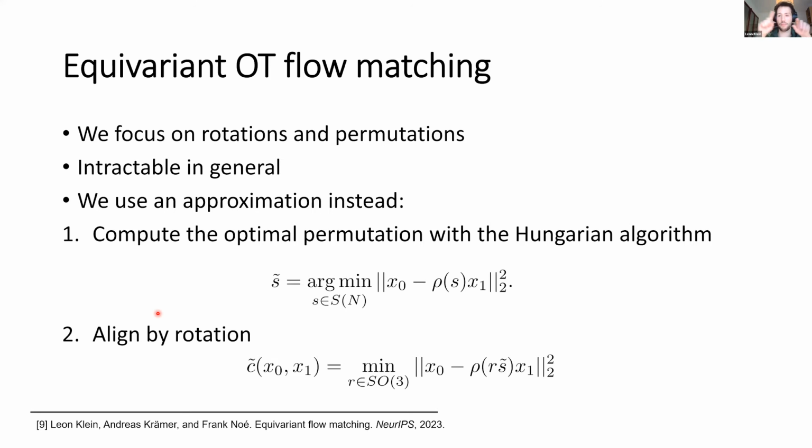Why can't we decouple the rotation and permutation? But I guess that's what you're addressing right now. With decoupling, of course we should search over both, right? But this is not a tractable thing to do.